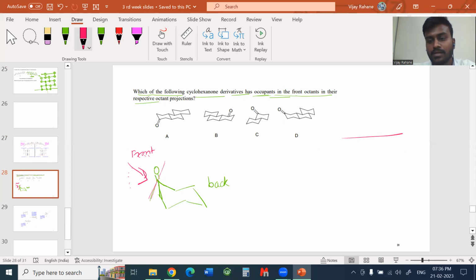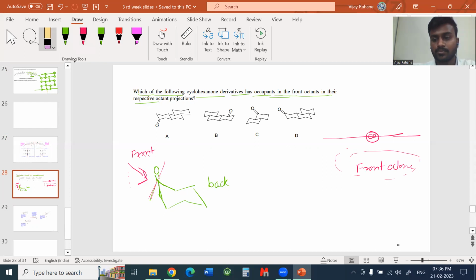So like in this region, front octant, and in the formula here is the carbonyl carbon. If it is carbonyl here, we need to find out this space, right? So we'll just look at these molecules and just put a plane.